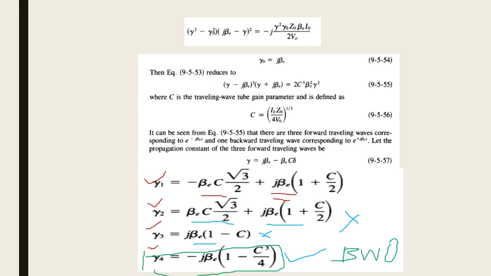Because if attenuators are there, they will not allow the reflected wave from the load side to come to the source side. So the attenuators will have to be removed. So your diagram of BWO will be exactly the same as TWTA. The only difference is that there will be no attenuators. It will be a continuous helical structure. Am I clear? Yes.